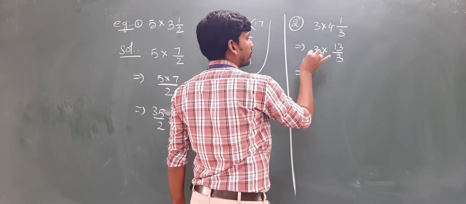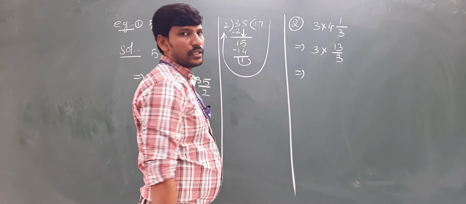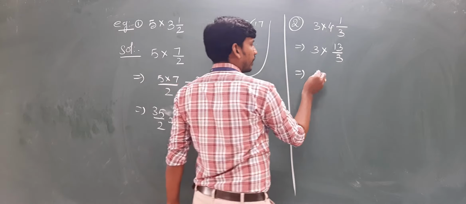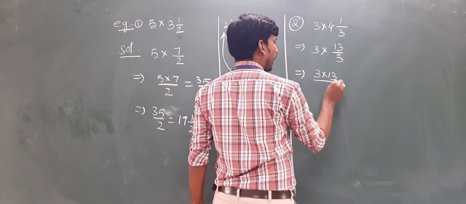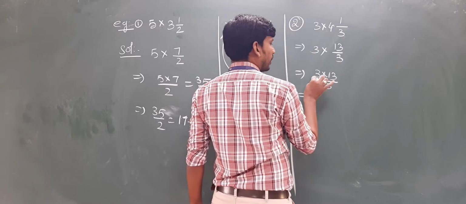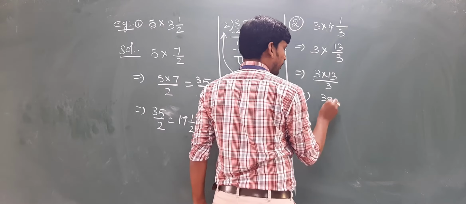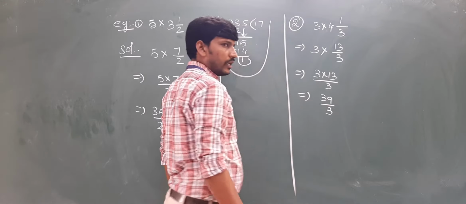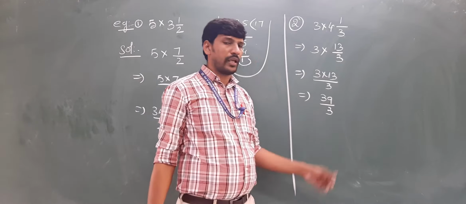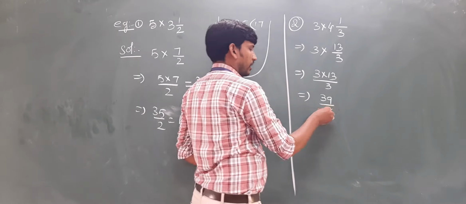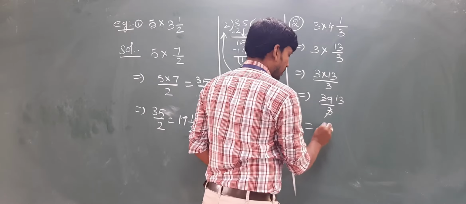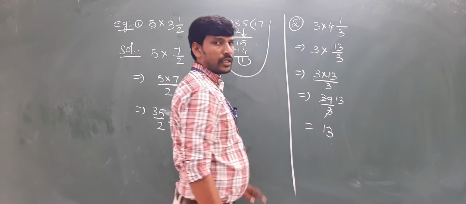So now we should multiply 13 and 3. So 3 into 13 by 3. So 3 into 13 is 39 by 3. See this here. 39 is a multiple of 3. You can cancel. 3 ones are 3, 3 thirteens are 39. Answer will become 13. Clear?